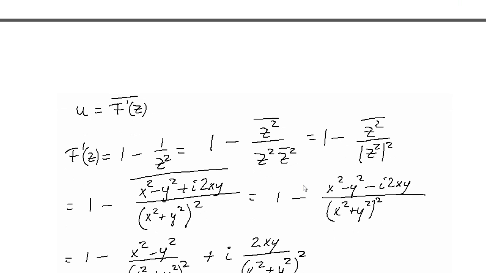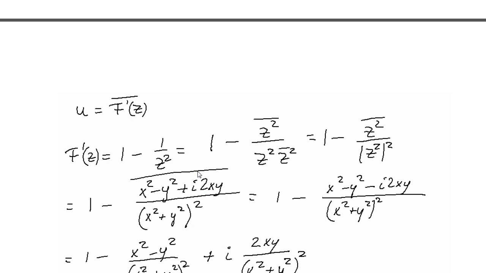So we get this, and here we can replace z squared, as we have seen earlier, z squared can be written in terms of x and y in the following way, and by conjugating it, and the same in the denominator. Here this absolute value is just the sum of the squares of x and y.